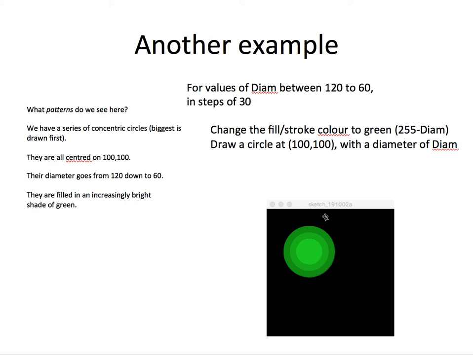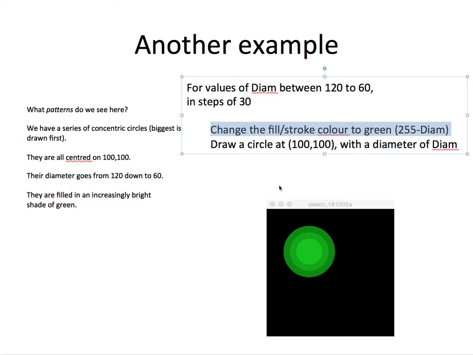If we assume that we keep track of some variable called diam, for diameter, we might say something like, for circles with diameter between 120 and 60 in steps of 30, so we're going down from 120 to 60 in steps of 30, change the fill and stroke color to some sort of green that's been modulated by the diameter, and then draw a circle with its center at 100, 100 with the diameter of that diam.